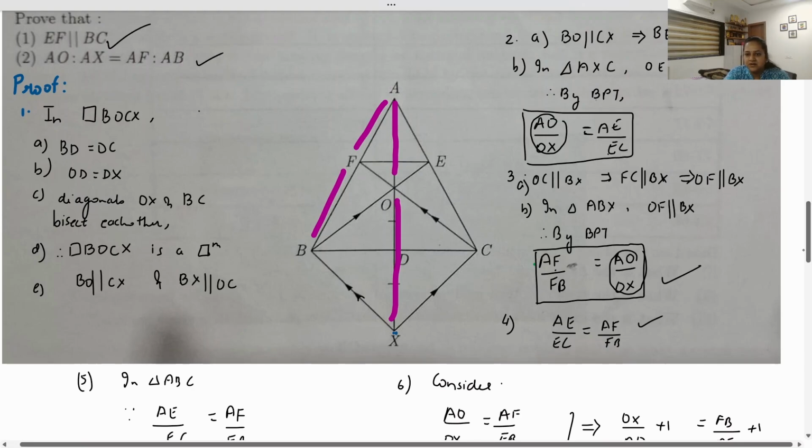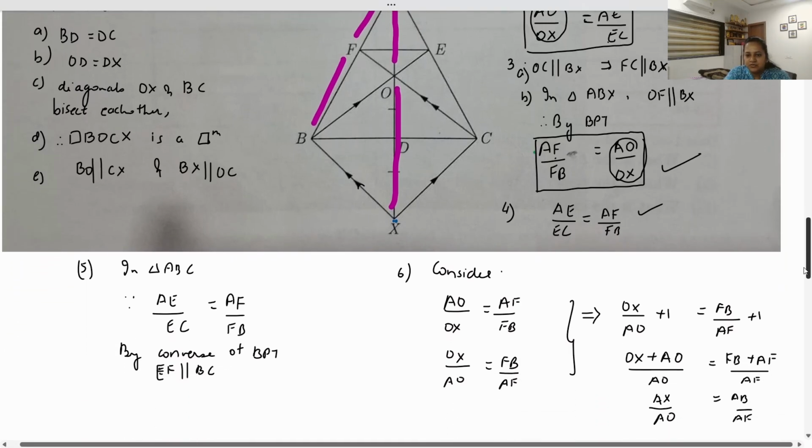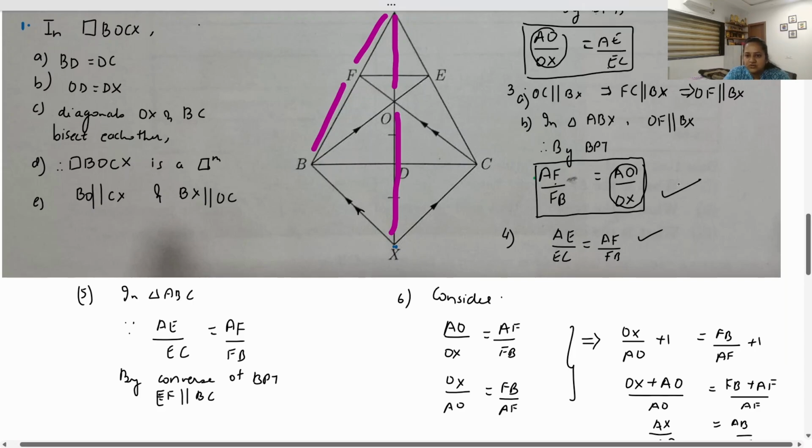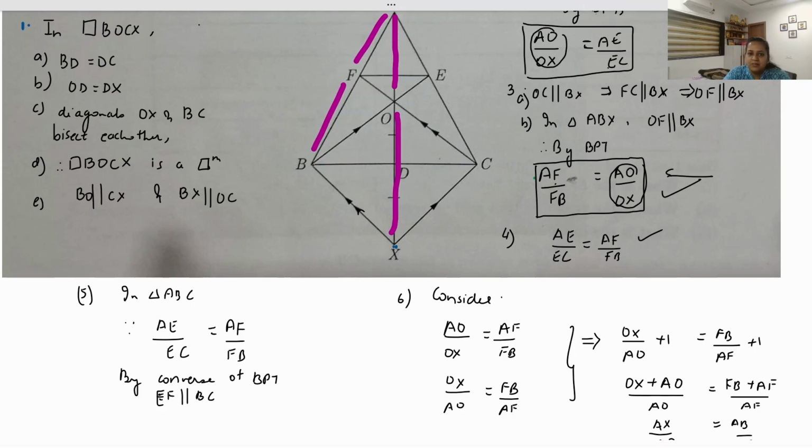Let me explain the other part again to you. We have considered this ratio because the question was AF upon AB, AO upon AX. So we considered AF upon FB, AO upon OX. We wanted AO and AF, so we inverted because whenever you add or subtract, the numerator changes. So whatever you want back should go in the denominator. So to do that, what did we do? We did invertendo.